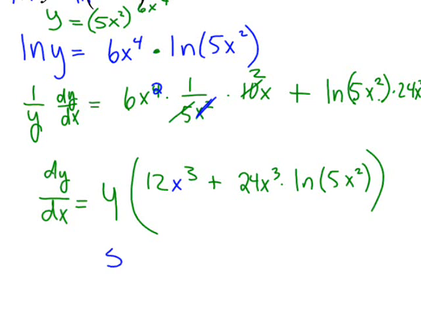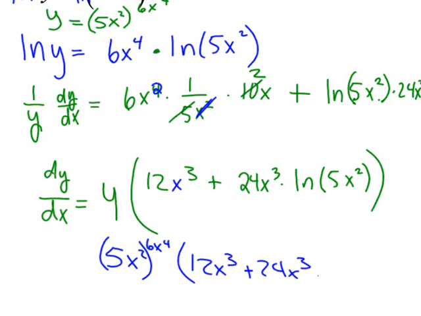So that's going to be 5x squared to the 6x to the fourth, and then I'm going to write that whole thing down: 12x cubed plus 24x cubed ln of 5x squared. And then I'm just going to leave it. That is y prime.